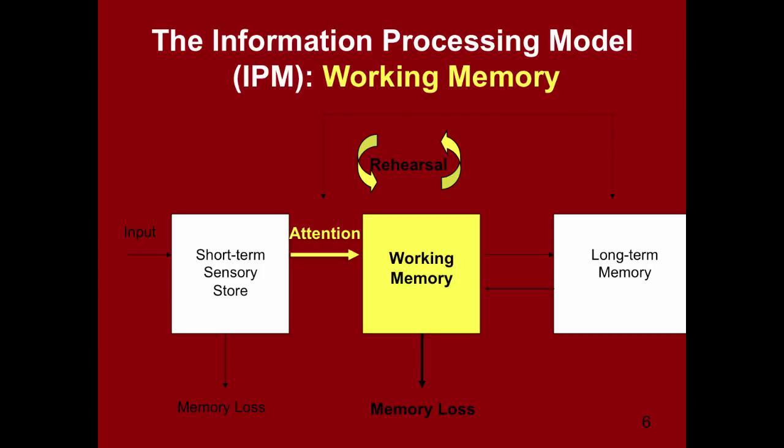Because moving information into our long-term memory is how learning occurs, this is really the gold standard of memory. This is the holy grail. This is where we want our memories to go when things are important, such as studying for a class or remembering someone's birthday. But how do we get information into our long-term memory? We'll get to that in a bit, but first, let's take a little bit closer look at working memory.